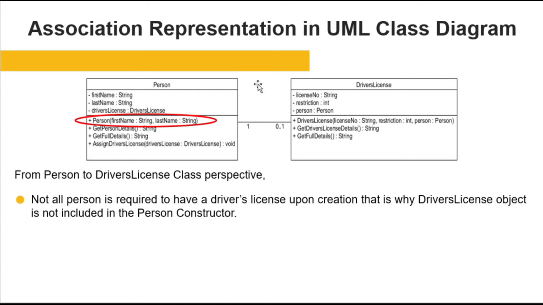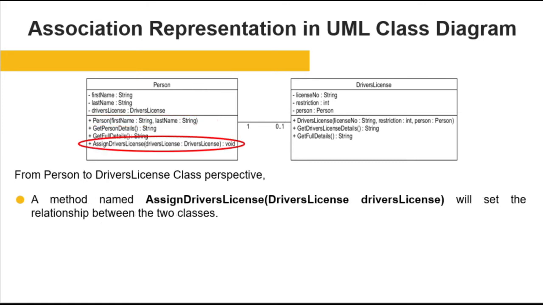So remember, if you make a person object using this constructor and you ask for the driver's license, meaning you always require a person to have a driver's license, you will not achieve the 0 in the 0 or 1 relationship. Okay, so that's it.